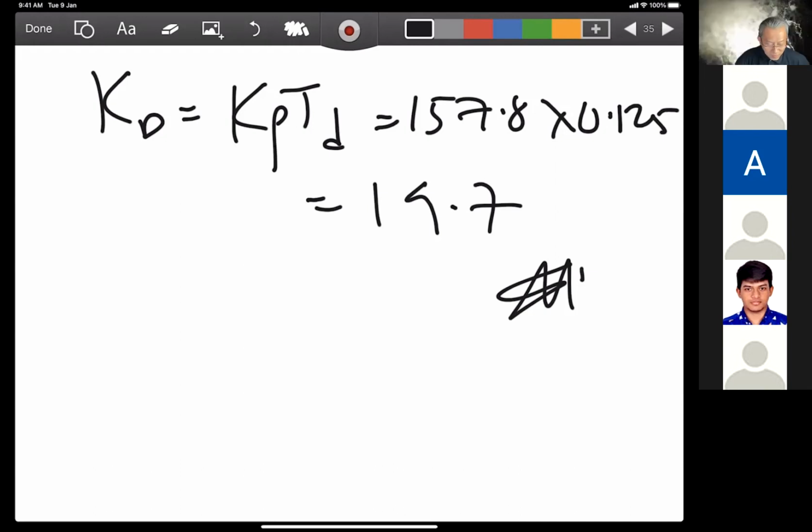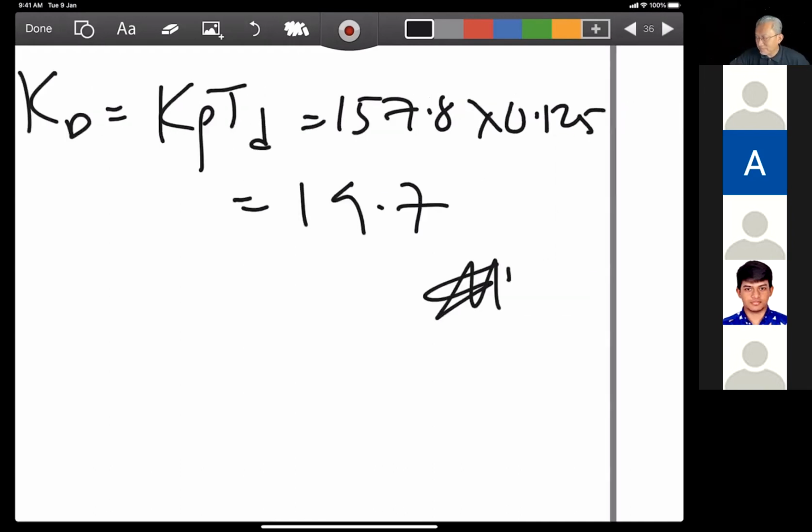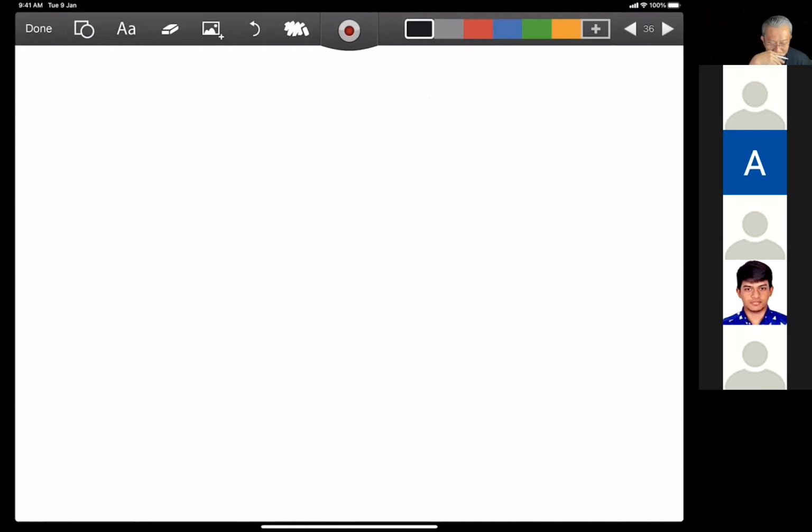Zira, please read question number 3. Question 3. A closed loop system for control of a mechatronic system is represented in a block diagram in figure Q3A, with G(s) equal to 800 over (s+2)(s+10)(s+100). With K equal to 1, Bode plots of the system are shown in figures Q3B and Q3C.